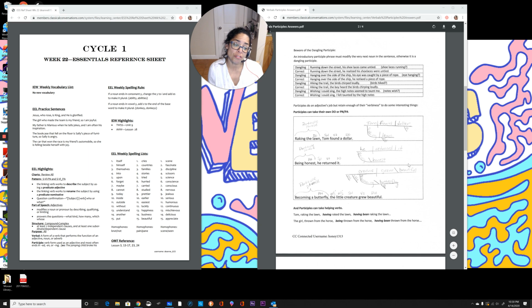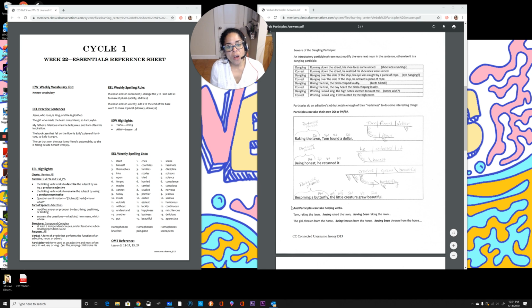So creature grew beautiful is our basic subject, verb, and predicate adjective here. But these are all of our adjectives that are modifying creature. So the modifies it, little, right? Becoming a butterfly modifies what the creature is doing.